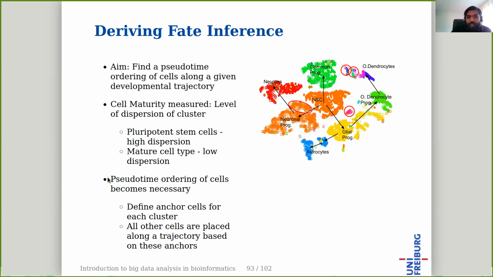So we start from these stem cells and go to clusters with less and less dispersion. We define anchor cells for each cluster, and all the other cells are placed along this trajectory based on these anchor cells.